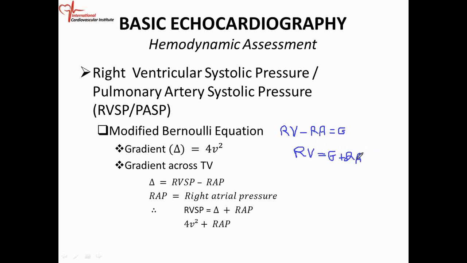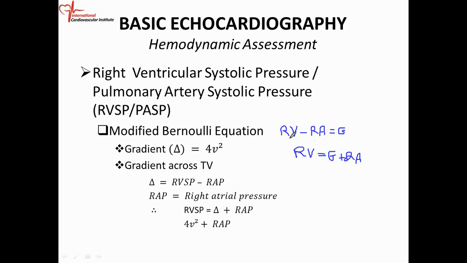So the RV systolic pressure is a very important number to us who do clinical work. It's very important because the RV systolic pressure is usually the same as your pulmonary artery systolic pressure, unless you have an obstruction at the right ventricular outflow tract.